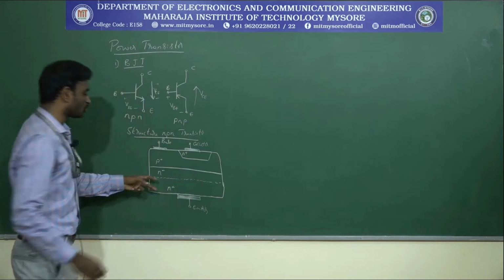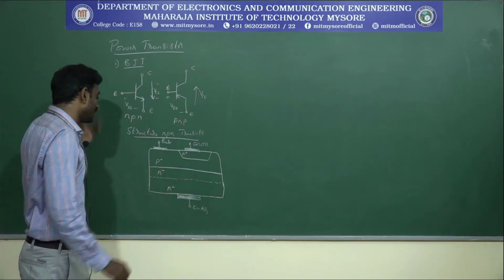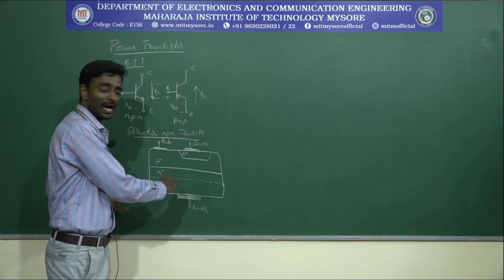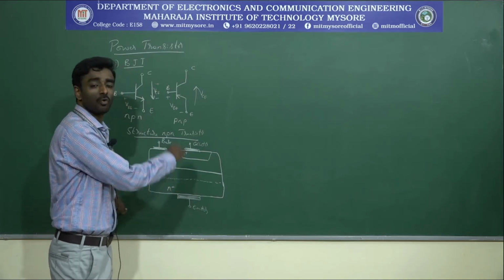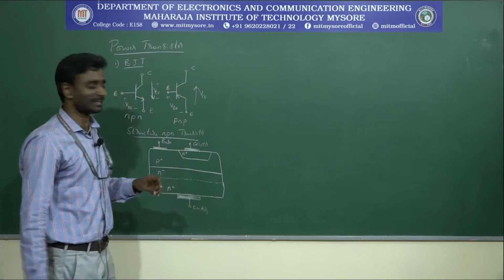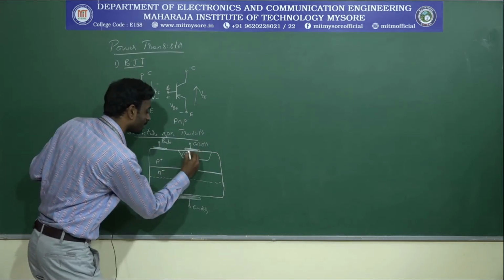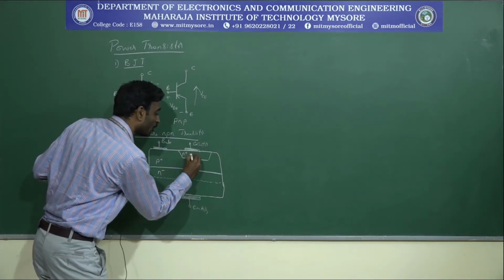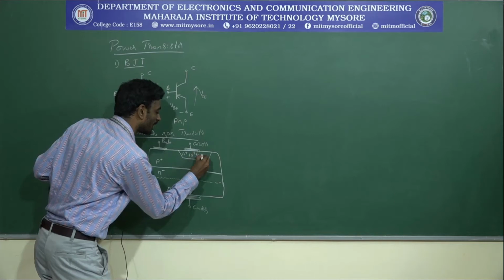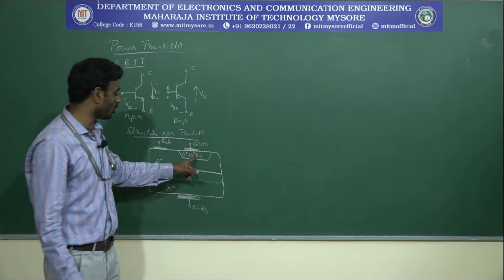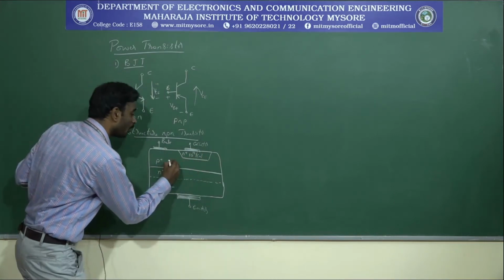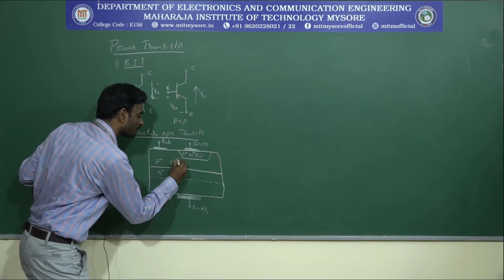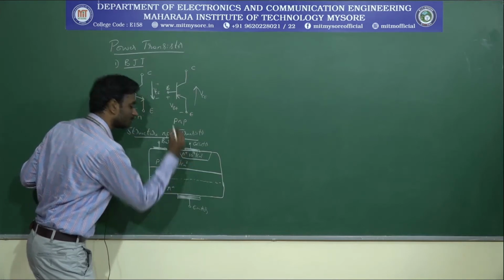This is split into two parts to maintain the breakdown region, and it also helps the flow of electrons from one region to another region. If you consider this case, the N plus connected to the collector region is highly doped at 10 to the power of 19 per centimeter cube, and the P plus region is moderately doped, that is 10 to the power of 16 per centimeter cube.